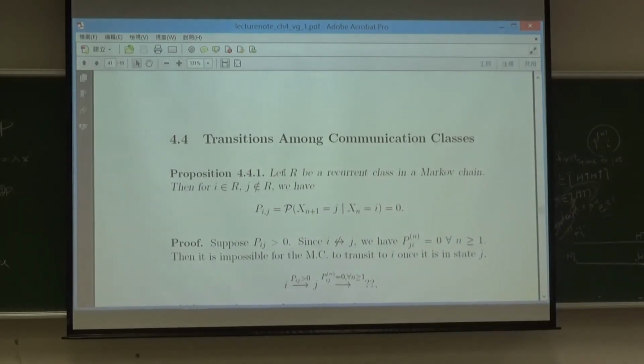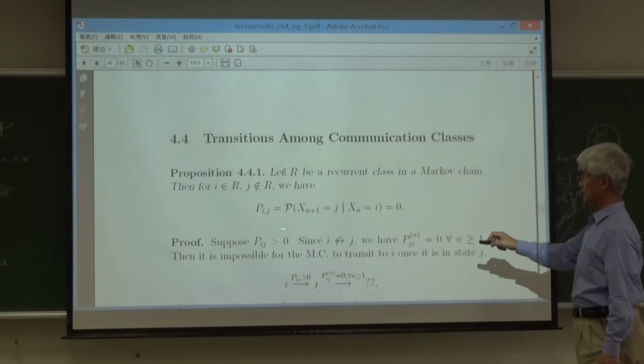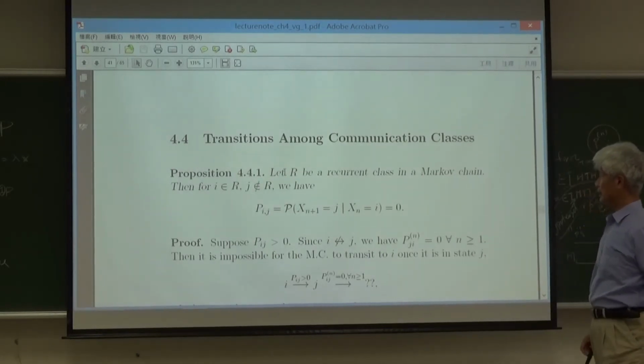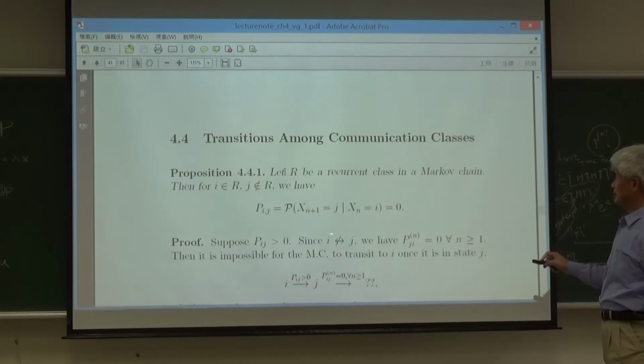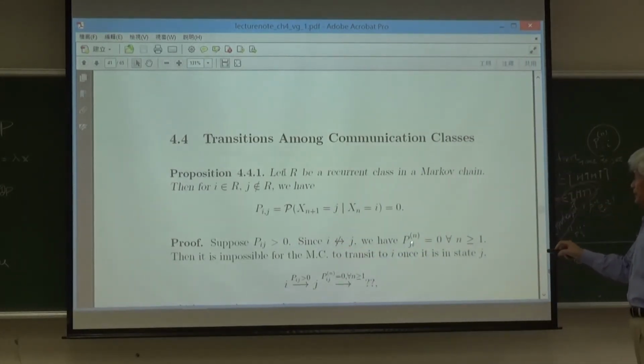We prove this by contradiction. Suppose that P_ij is positive. Because i and j are not in the same communication class, P_ji^(n) should be 0 for all n. Why?